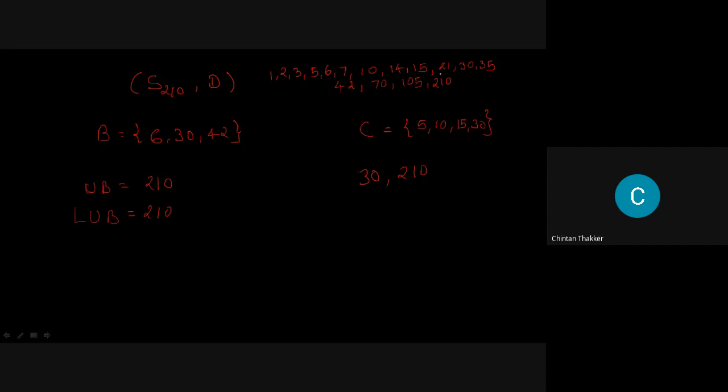So all elements of C divide 30 and 210. So these two are upper bounds of C. Now which one is the least upper bound?